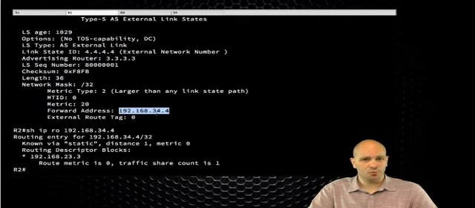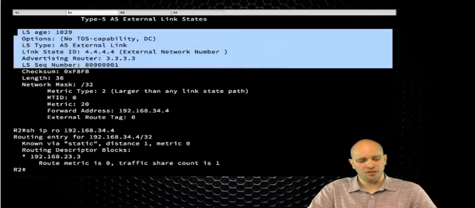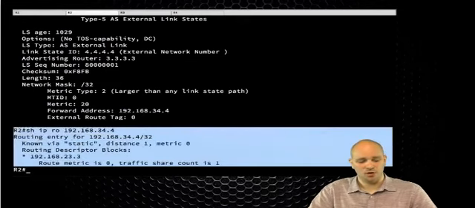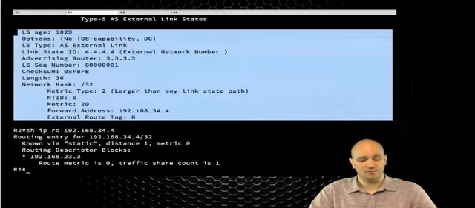As I said, one of the rules for forwarding address is that in order for this LSA to be used when it has a non-zero forward address, the forward address must be known by OSPF. In our case, the forward address is not known by OSPF. In the routing table, it is actually known as the static route. When we have this situation, OSPF cannot trust that this route is loop-free. Therefore, it cannot use this LSA for routing. So this is what is causing this route not to go in the routing table on R2.